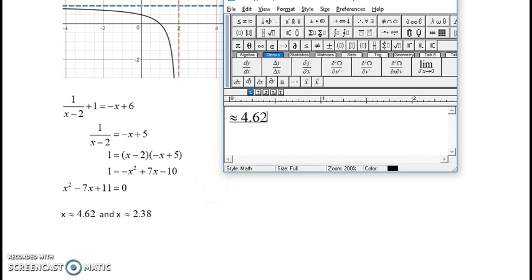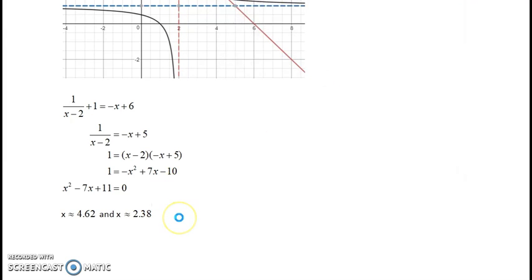I just use an online quadratic formula calculator. So this is what I get.